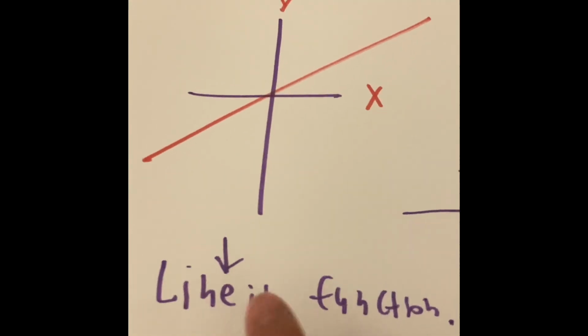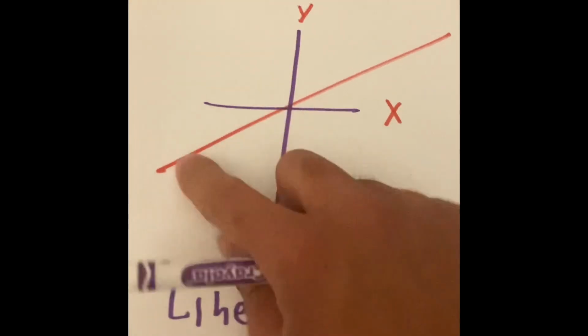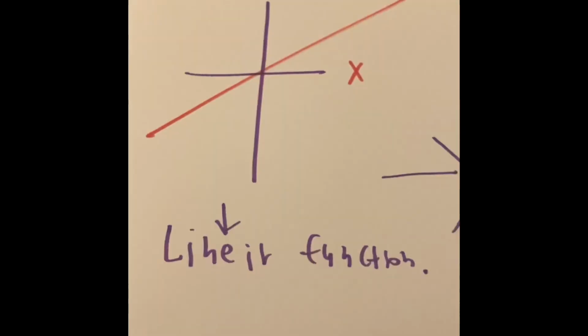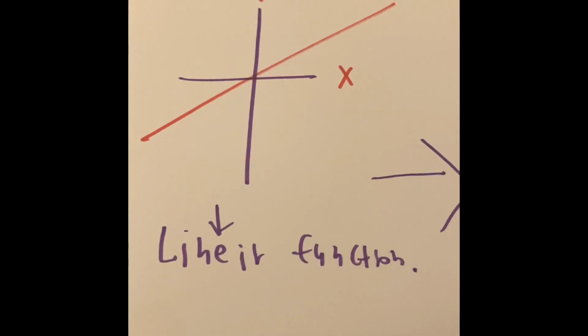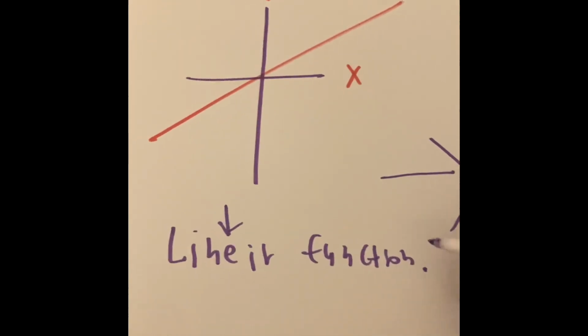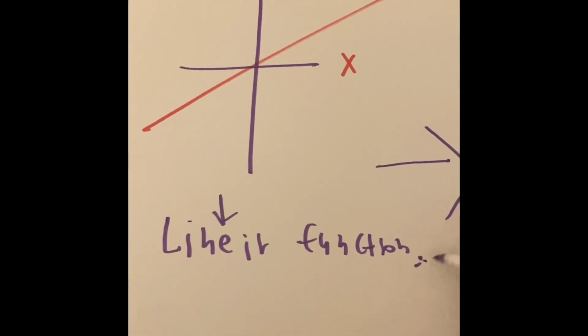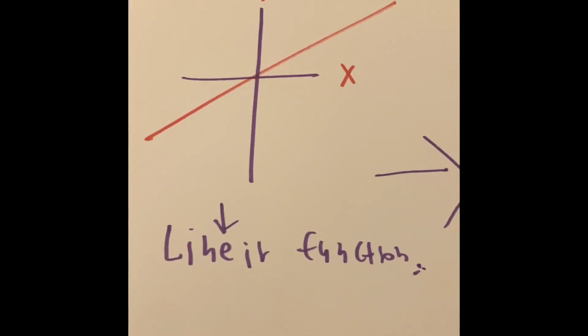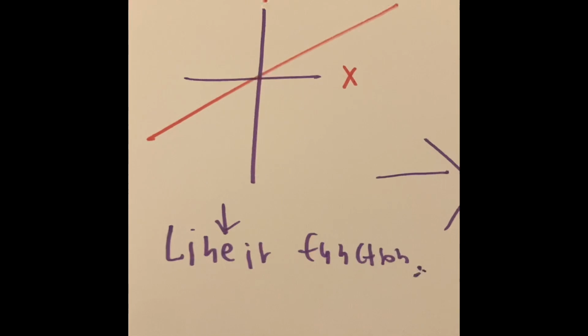What it means is that a linear function must have a line on a graph that's completely straight. Linear functions are one of the first types of functions that your teacher may teach you when you start learning about functions in algebra.